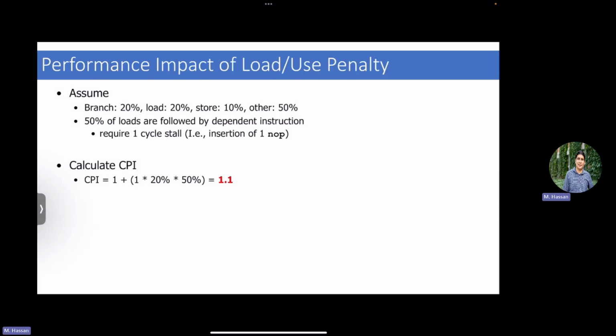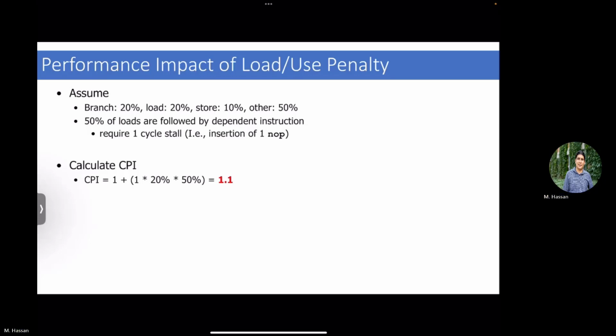But once you do this, what did I gain? Well, if you draw the pipeline, I never need to stall now. Why? Because when the ADDI needs R4 at the execution stage, the load would have already done the memory stage, right? So if you're able to insert one instruction in the middle between the load and its dependent instruction, then you hide the stall.